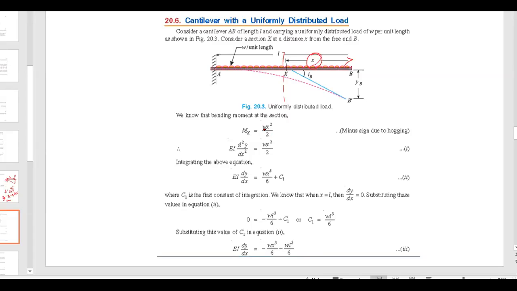Now I need to write the bending moment equation. Therefore I need to convert this UDL into point load whose magnitude is small w into x, and the distance from my section is x by 2.